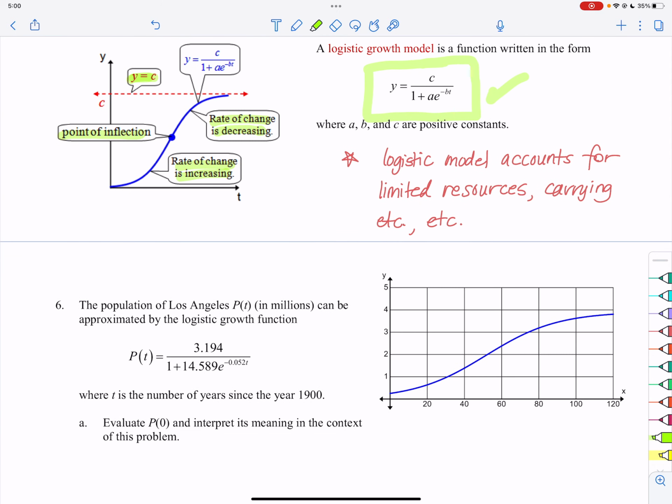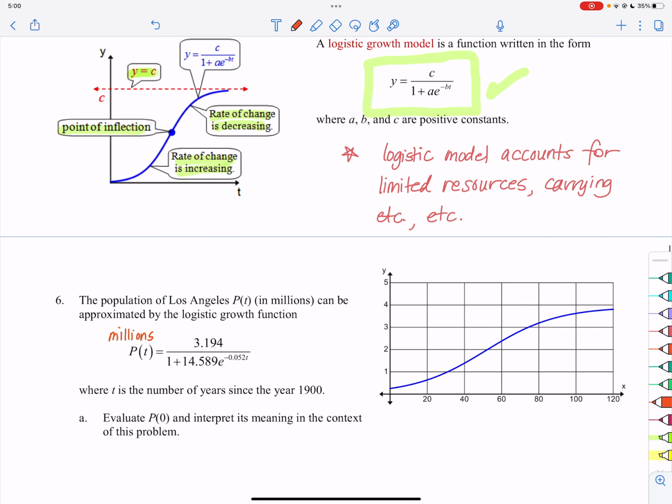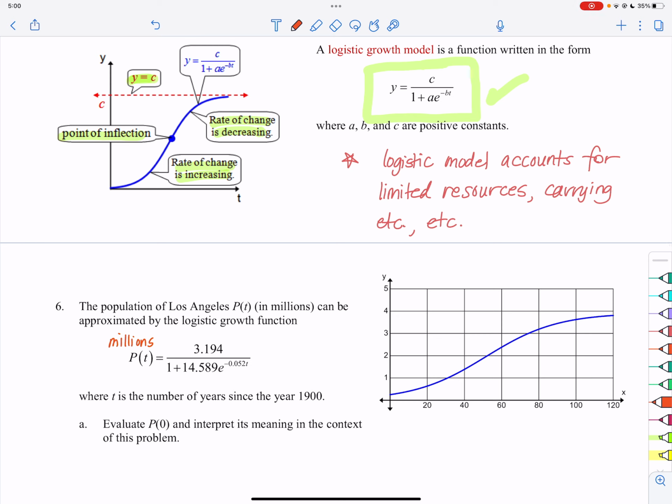I'll keep that up. The population of Los Angeles, P of T in millions, can be approximated by this logistic growth function, where T is the number of years since 1900. So that's really important to note.